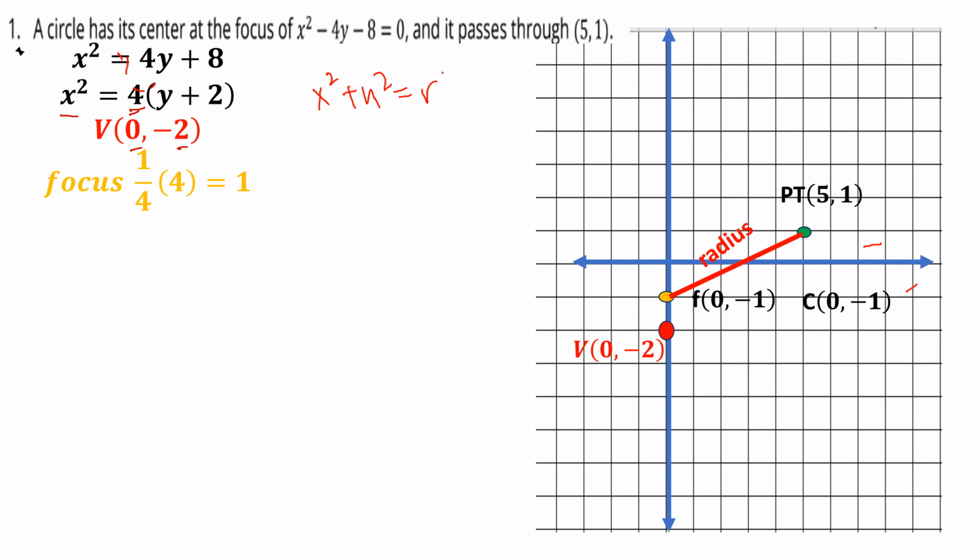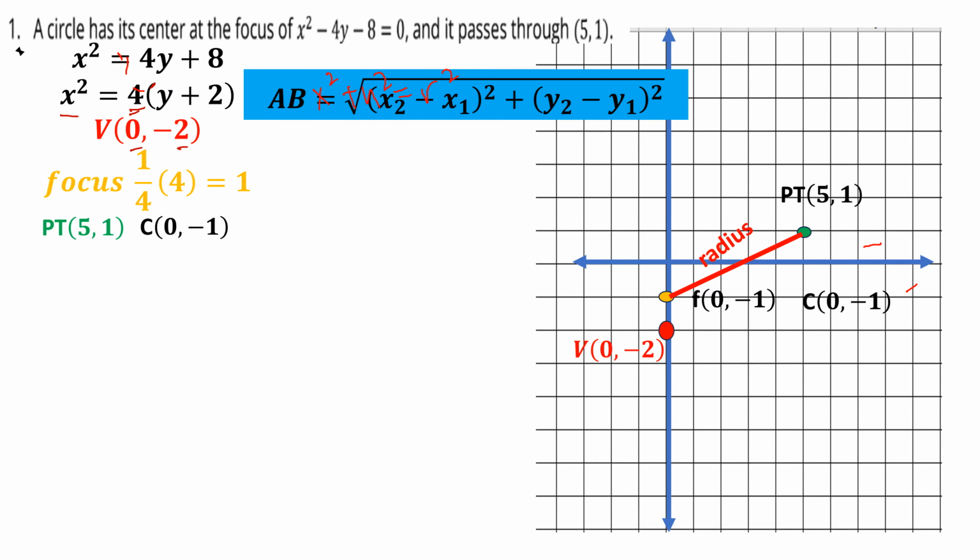A circle has its equation x squared plus y squared is equal to r squared. But since our center is (0, -1), we are going to use the distance formula because the radius is slantingly drawn. The distance from A to B is equal to the square root of x sub 2 minus x sub 1 squared plus y sub 2 minus y sub 1 squared.